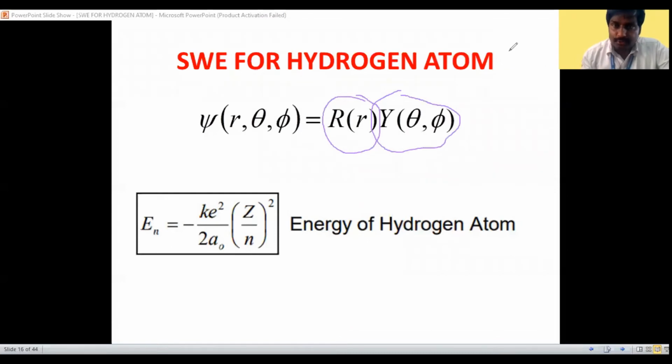And if you derive the solution for energy, En equals minus K e square by 2 a naught into Z by n square. Here a naught is Bohr's radius, e is the charge, Z is the atomic number, and n is the principal quantum number.